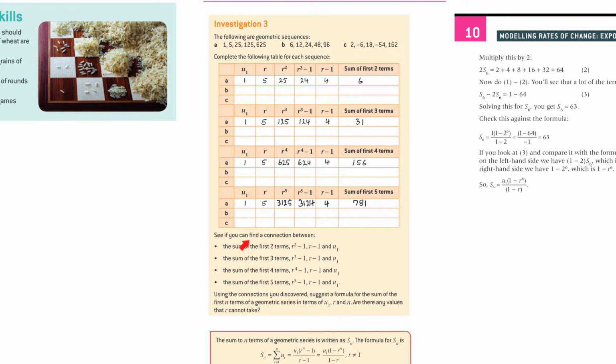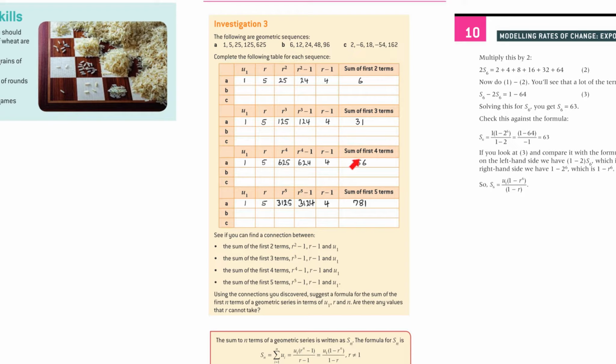Okay, so it says, see if you can find a connection between the sum of the first 2 terms, that number, R squared minus 1, that number, R minus 1, and U1. And then look for it here, the sum of the first 3 terms, so that number, that number, and that number.